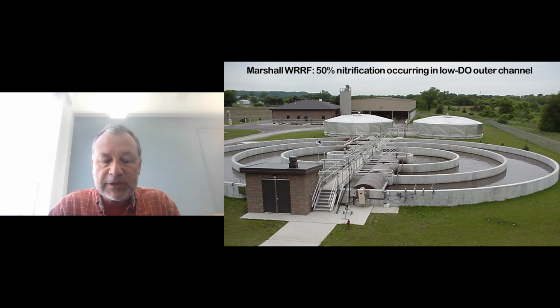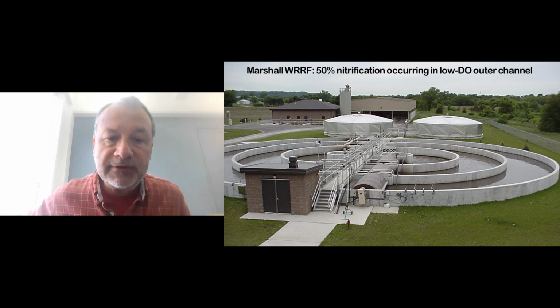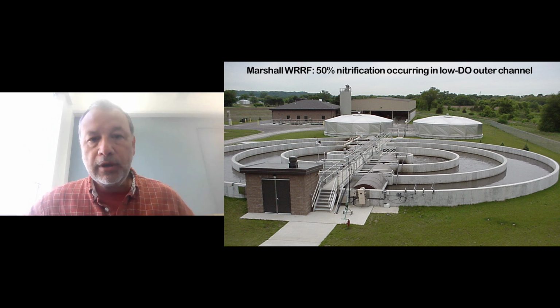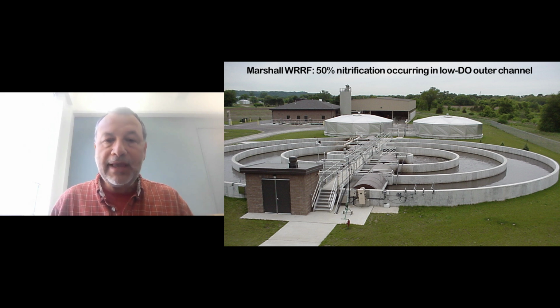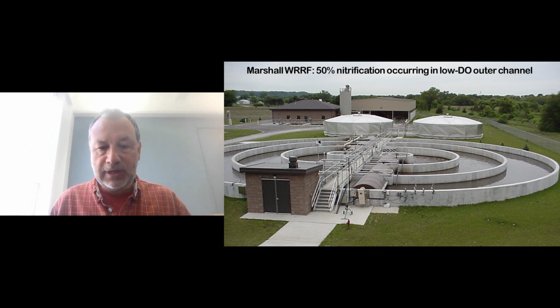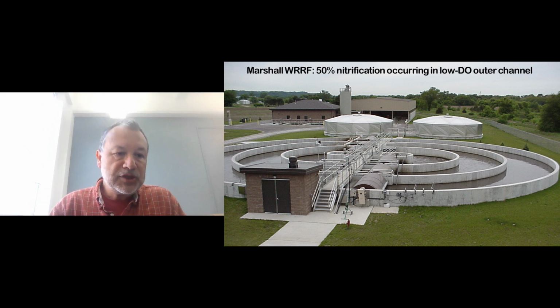One of the first experiments that we did was 25 years ago, looking at nitrification in one of these oxidation ditches. This is the Marshall Water Resource Recovery Facility in Wisconsin, where they had a very low oxygen in the outer channel, close to undetectable levels, and they had 50% nitrification in that channel.